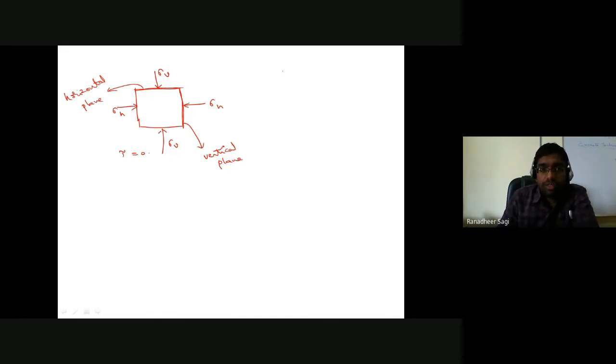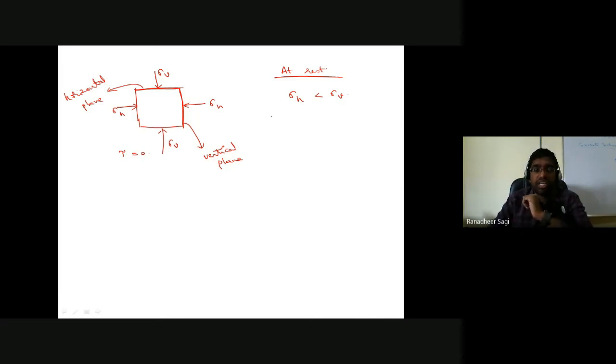So in case of at rest condition, which is my major principal plane, which is my minor principal plane? In the case of at rest condition, we know that sigma H is less than or equal to, or rather in most of the cases, obviously less than your sigma V. So where is sigma H acting in the case of at rest condition? Sigma H always acts on the vertical plane, sigma V acts on the horizontal plane.